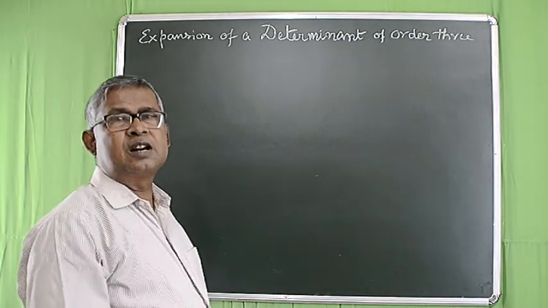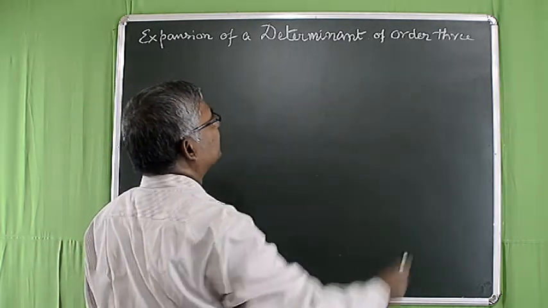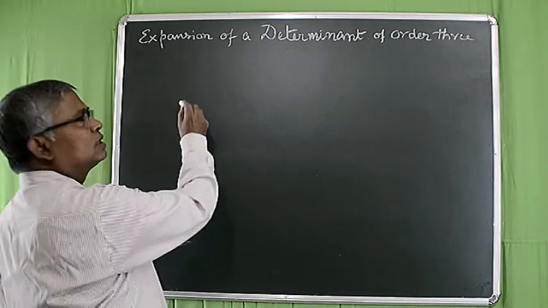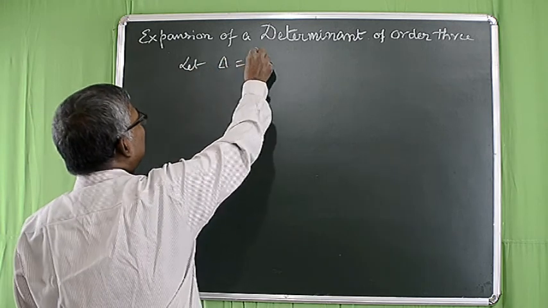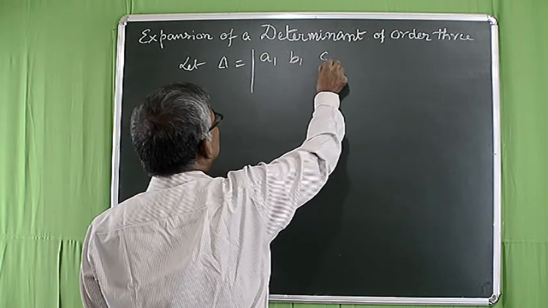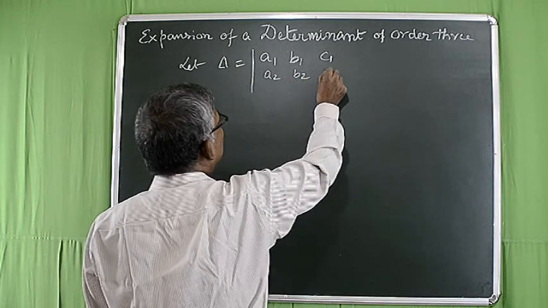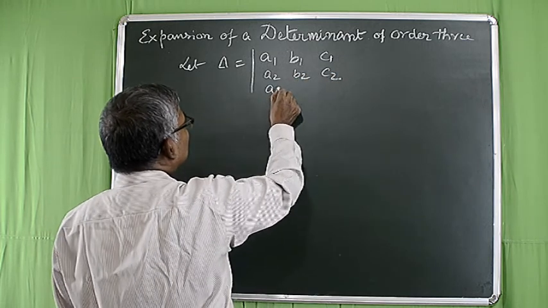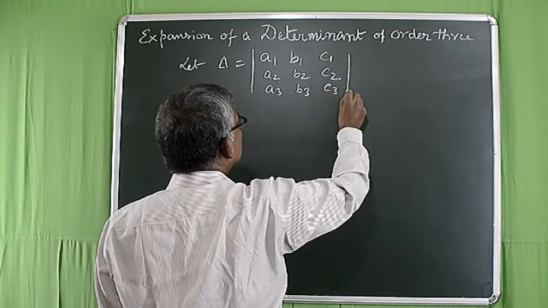Students, let us learn expansion of a determinant of order 3. Let del be a determinant of order 3. It is A1, B1, C1, A2, B2, C2, A3, B3, C3.